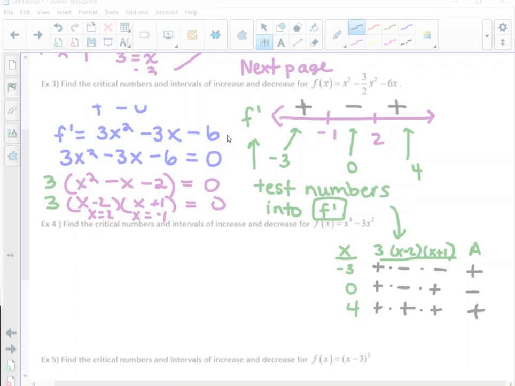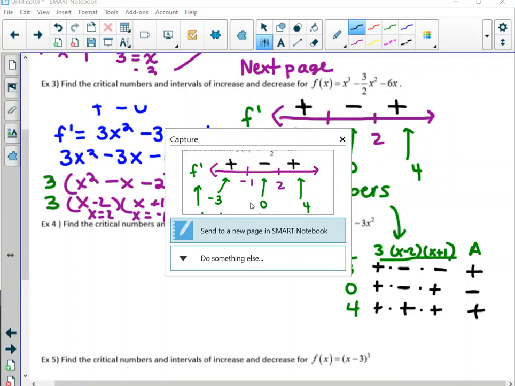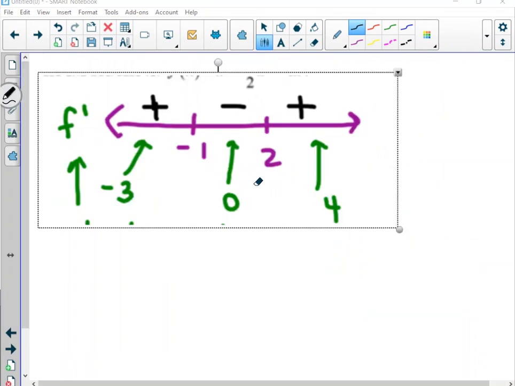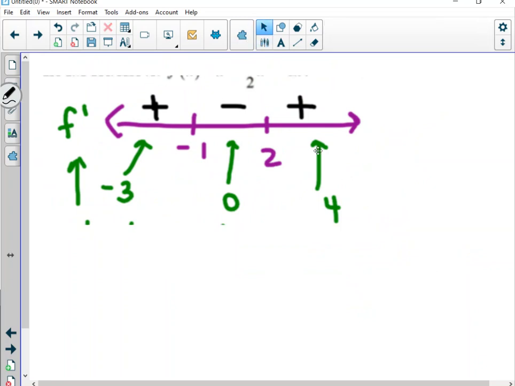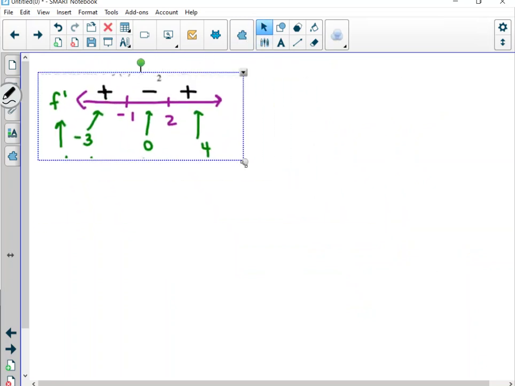When we look at the number line, it really is not super useful unless we understand what it's telling us. These pluses and minuses above these different chunks of numbers on the number line basically are telling us slopes.